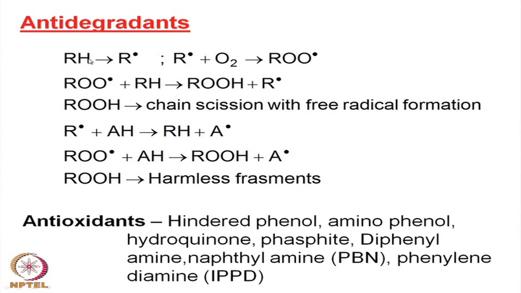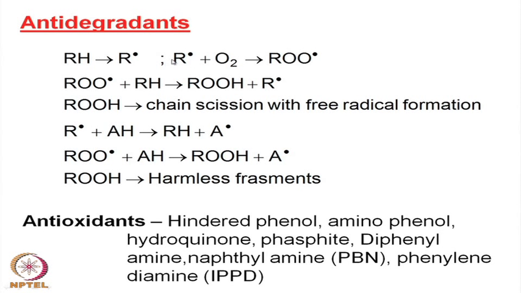Now, if there is some agency which attacks the rubber, that attack can break a carbon-hydrogen bond. I am showing only one carbon-hydrogen bond. That bond can be broken, forming a free radical, represented here as R dot. This R dot is produced, and it is very active.